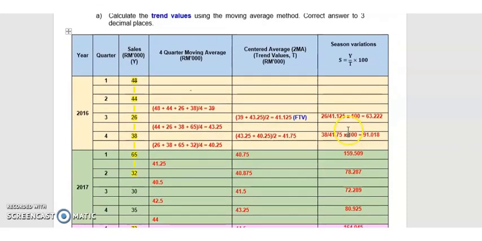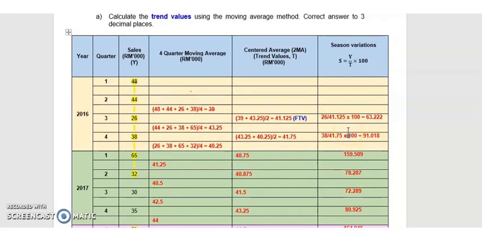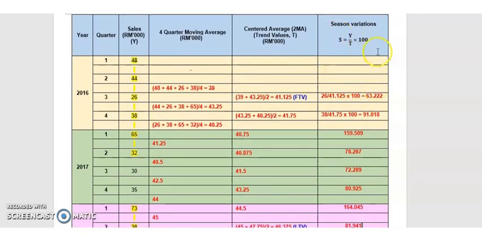Okay, again, the same step as in simple moving average. How to calculate the seasonal index? Once you calculate the seasonal variations, you need to tabulate these values into a table of seasonal index.